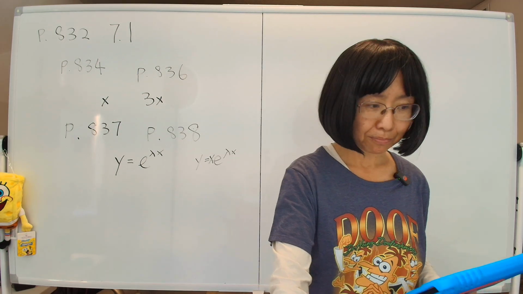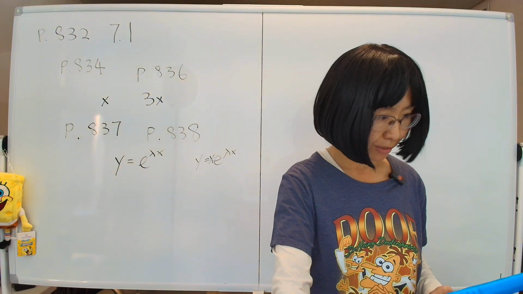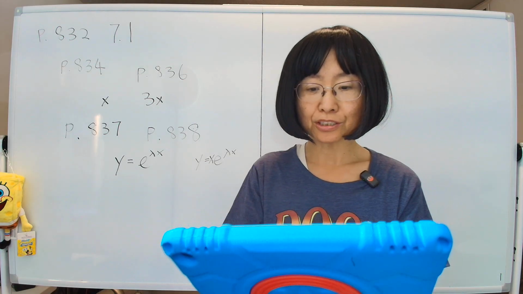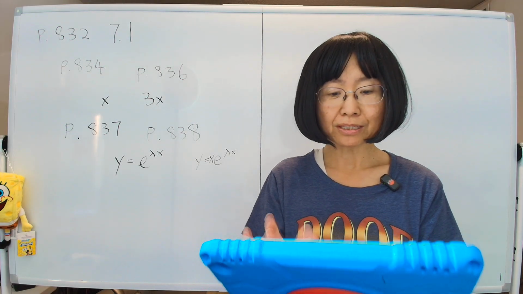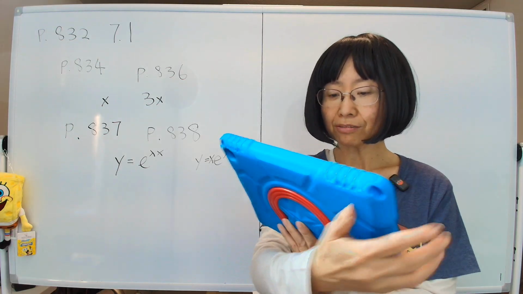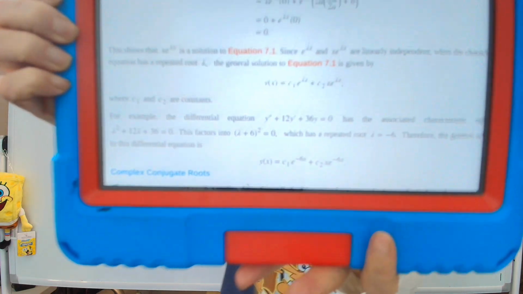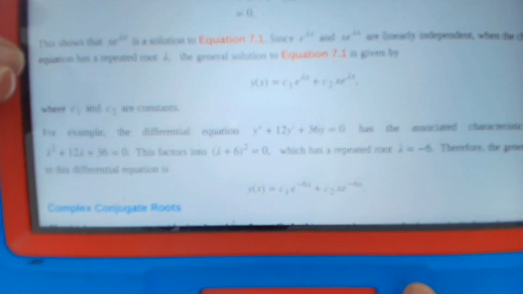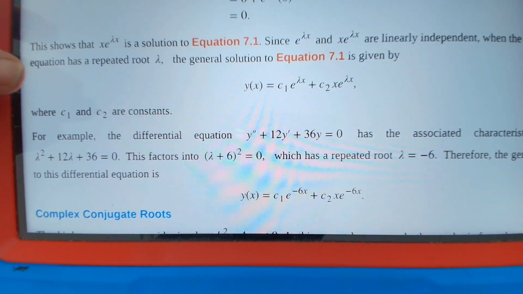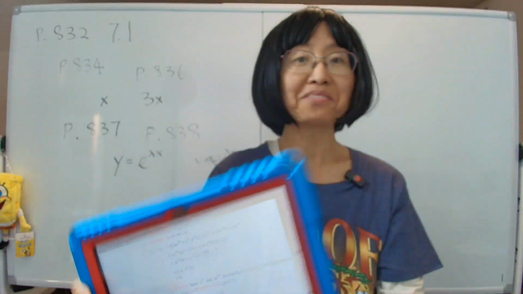Please do that as part of your homework, and I will write it down here in the notes. As a result, the general solution for situations where the characteristic equation has two identical roots will be written like this. The first one is the same as before, e to the lambda x. The second one will be x e to the lambda x. And that all works out nicely.